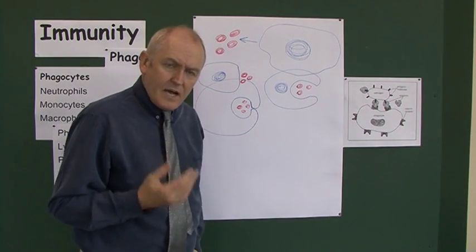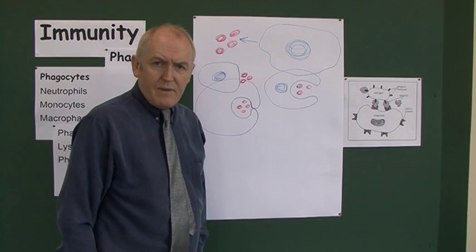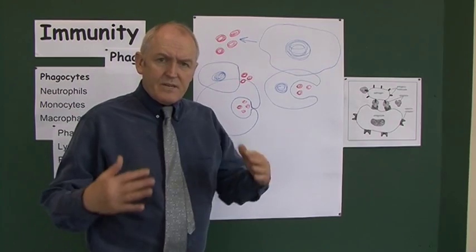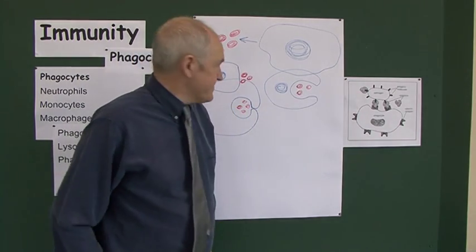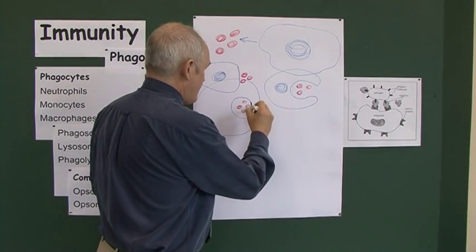Now the cell membranes in macrophages, like all cells, are made out of lipids. They're phospholipid layers, and because they're lipids they can just flow together and merge. So these membranes simply merge.